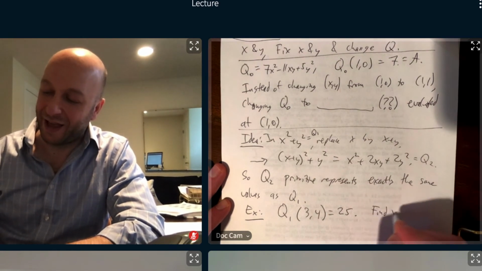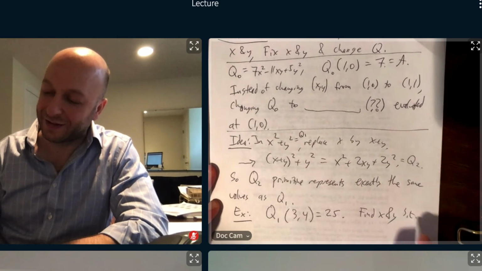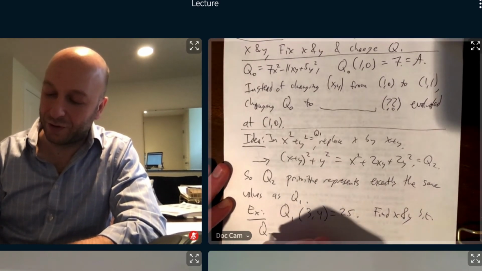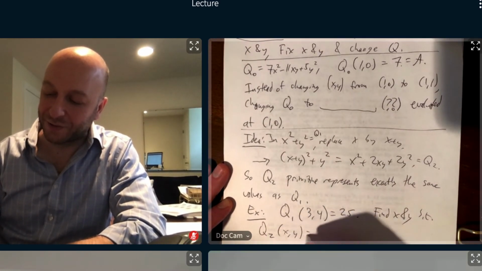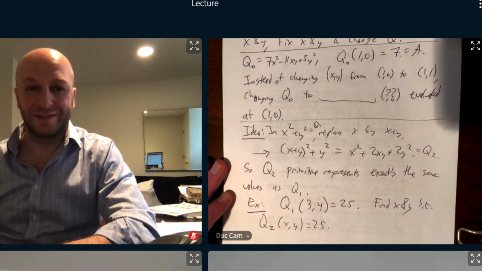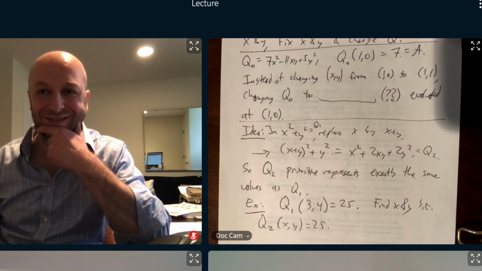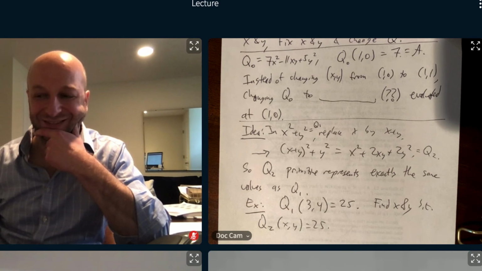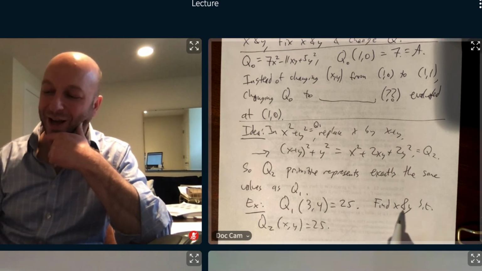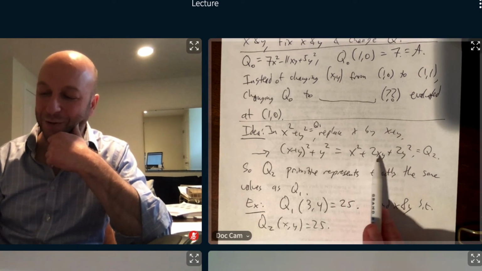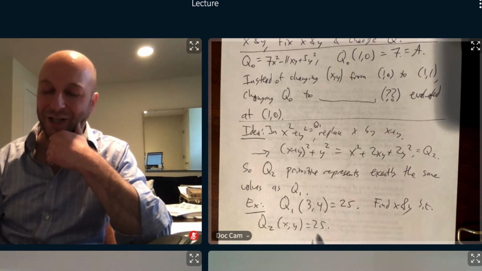Find x and y such that Q2 of xy is 25. So I want x and y, so that if you take x squared plus 2xy plus 2y squared, you get 25.